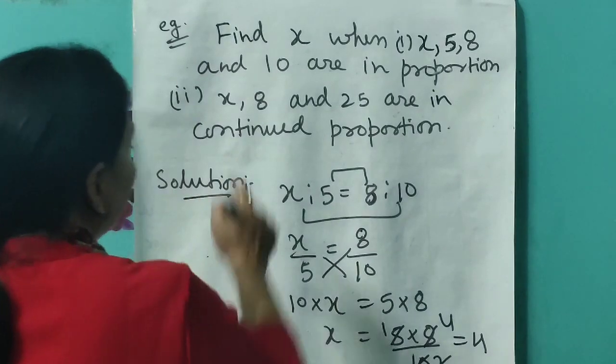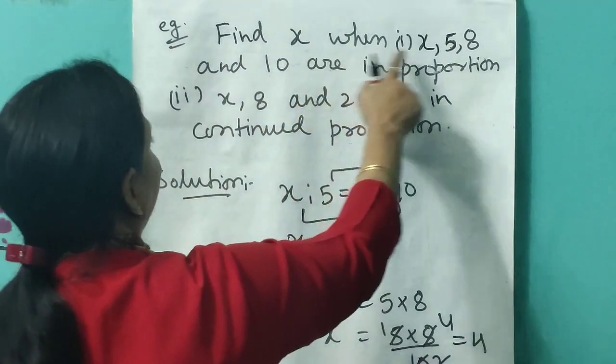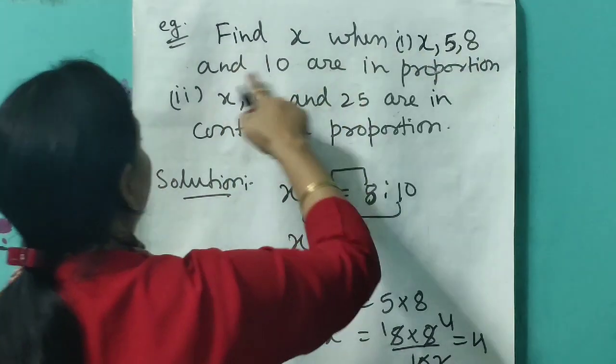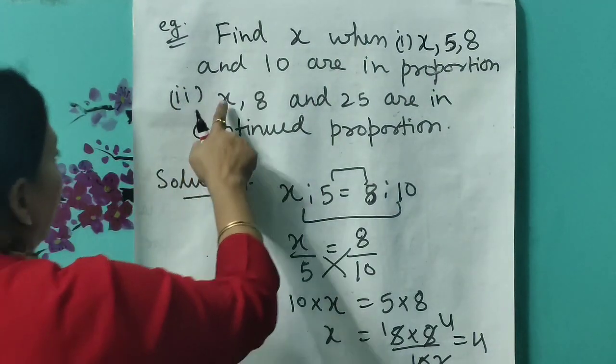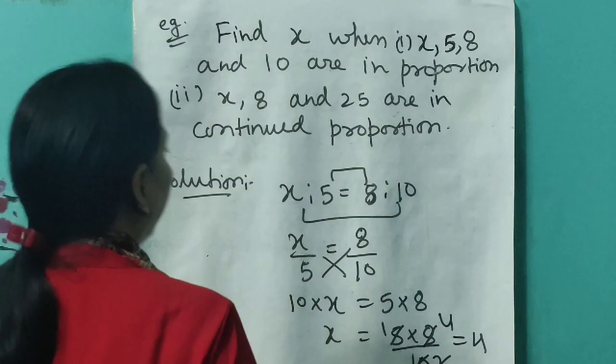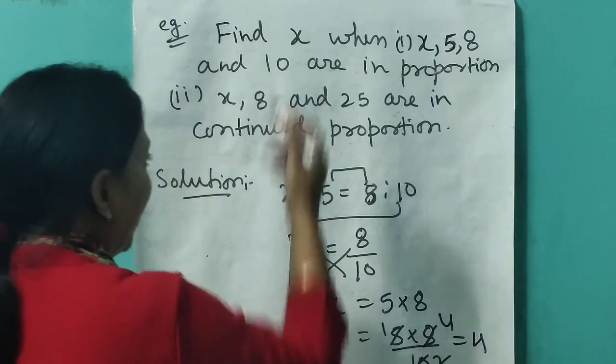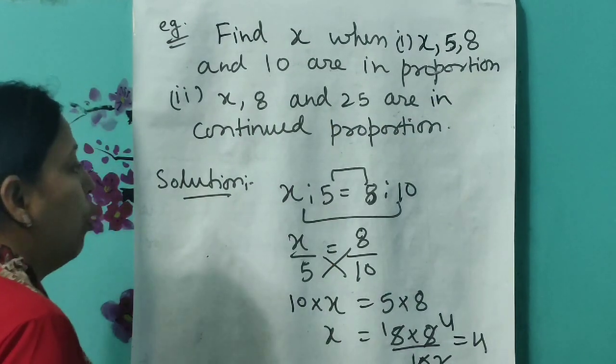Next example is find x when x, 5, 8 and 10 are in proportion. First question. And the second one is x, 8 and 25 are in continued proportion. In these two cases you have to find the value of x.